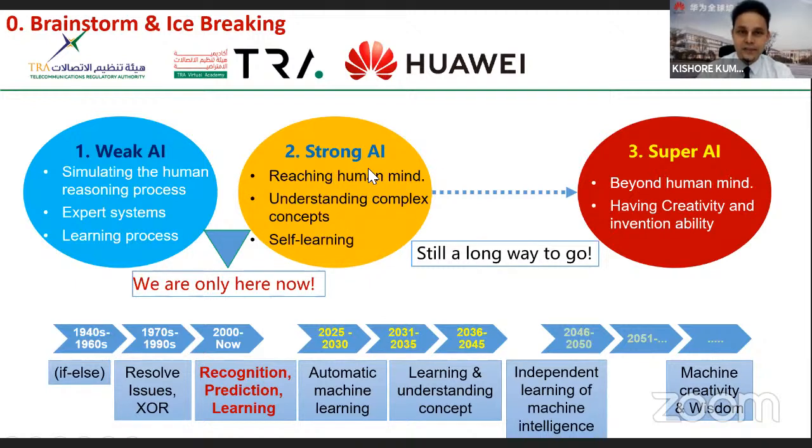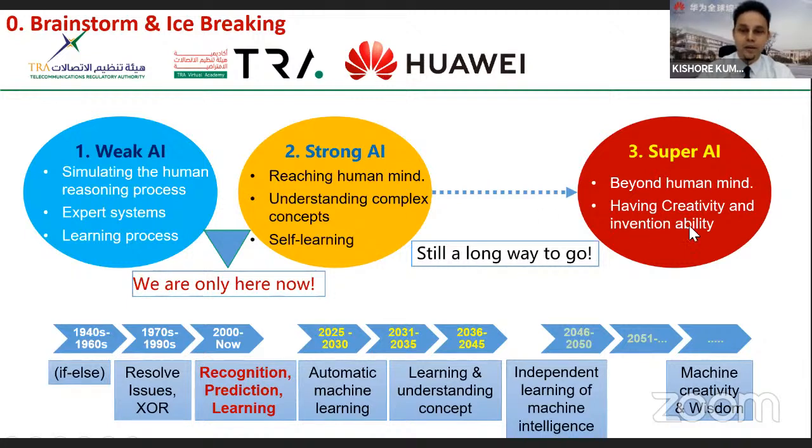Now, in the previous slide's picture, you might recall there was a picture of a robot. We always see that robot from the science fiction movie, Terminator 2, right? Hasta la vista. So that human-like machine is not possible till today. And those might appear in the far future, which we call the super AI era.